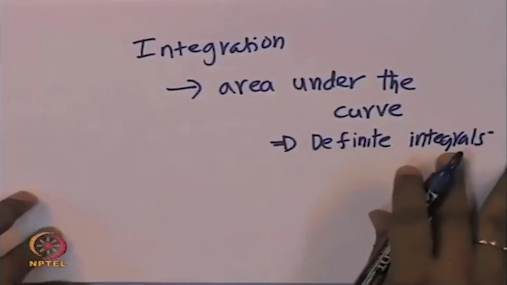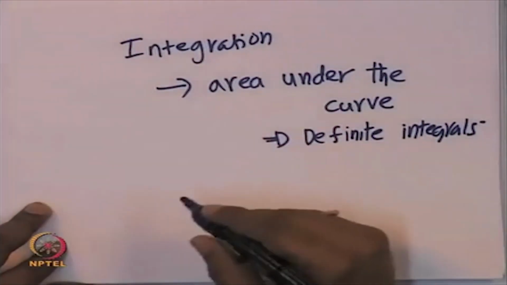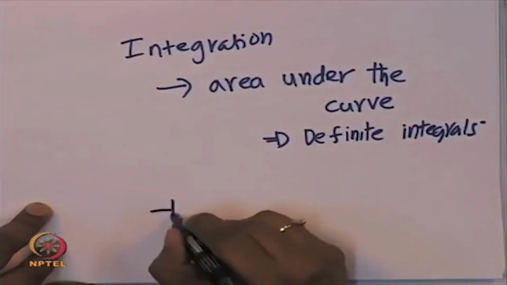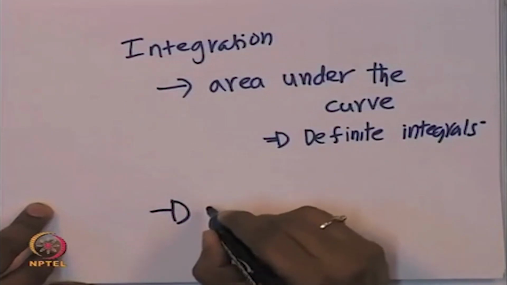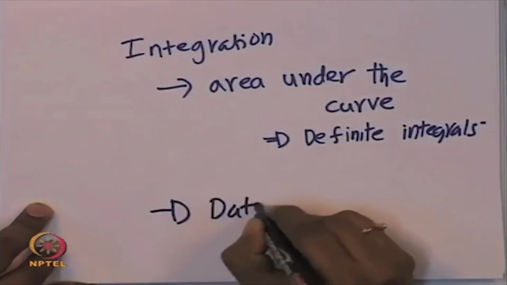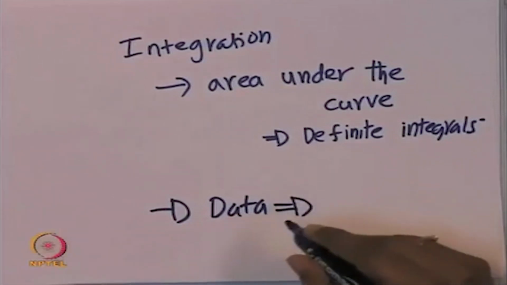We saw a couple of examples, like e power x and the area under the circle, and we also quickly said something about the derivative and integral of data. If you are given some data, you can use the formula to do the derivative and integral of this data.